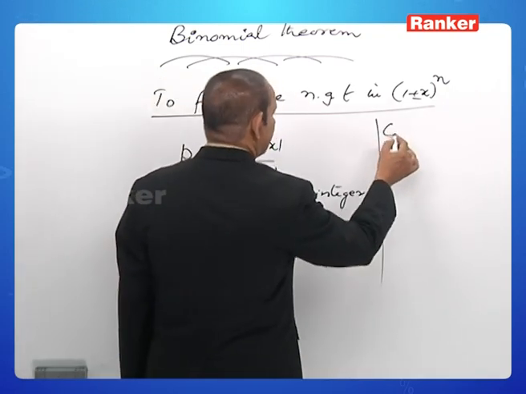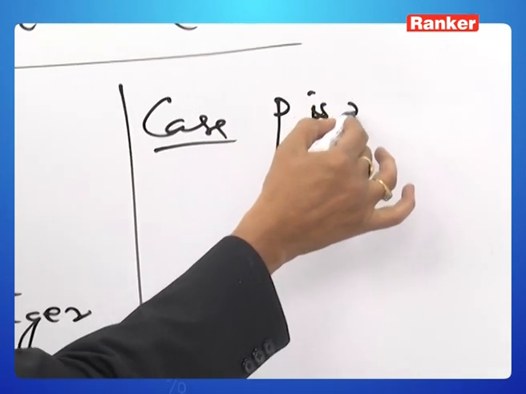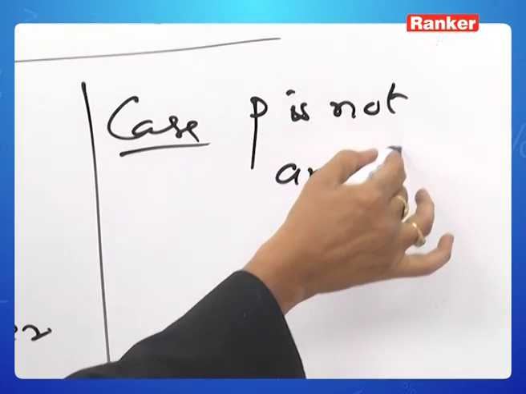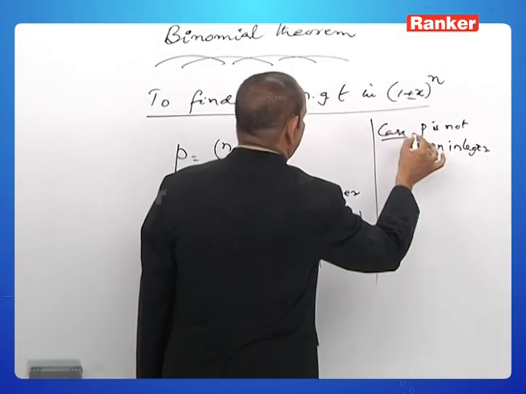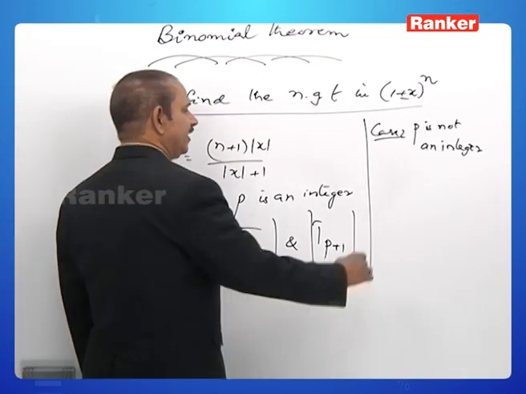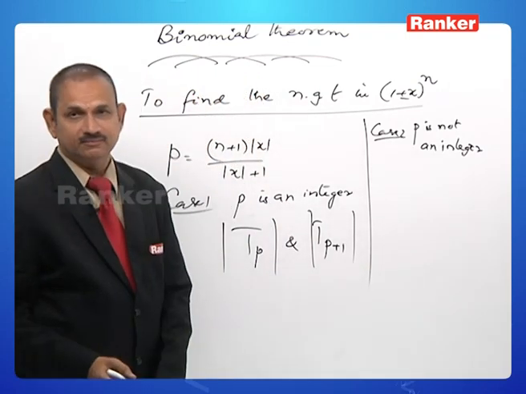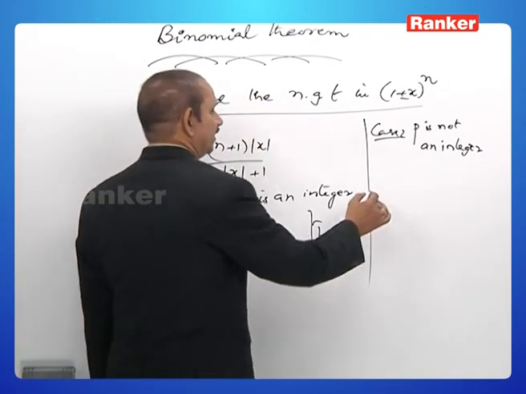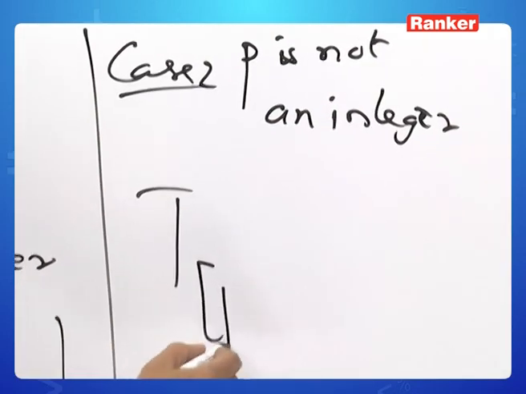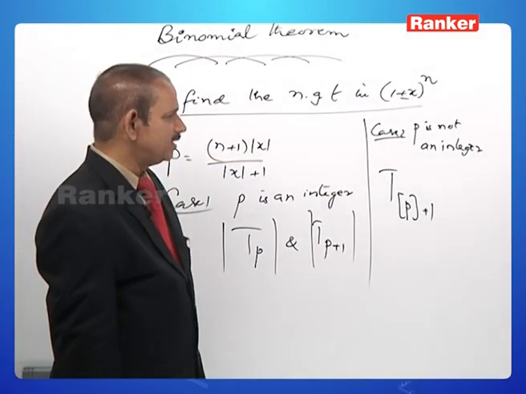Suppose, in the other case, p is not an integer. This is case 2. If p is not an integer, then automatically the integral part of p is an integer. And in this case, there is only one numerically greatest term, namely T of (integral part of p plus 1).